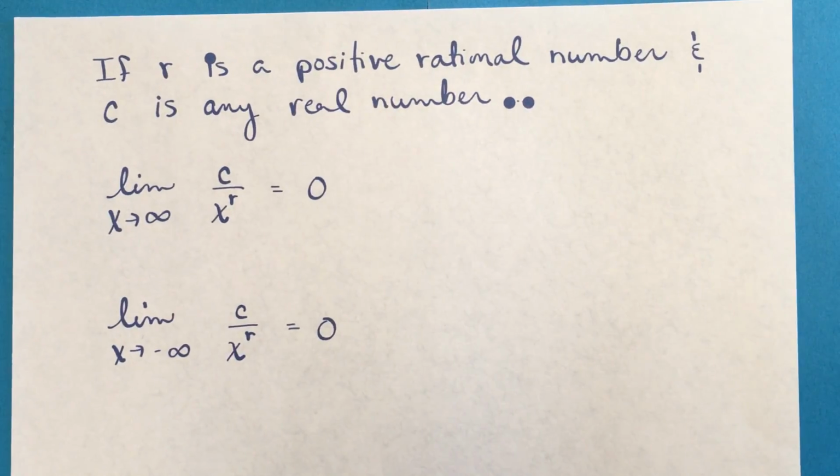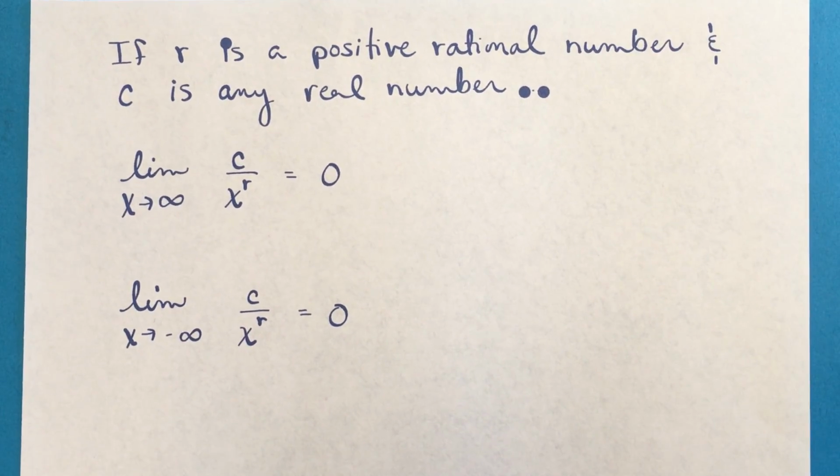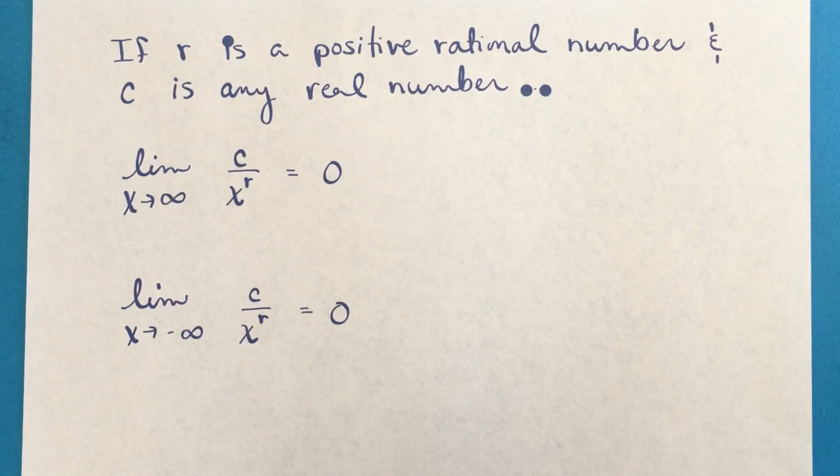All right, here's a couple of properties that just make things a little bit easier for us. You've got a couple of restrictions here as far as what some of the values should be. With these properties, R is only going to represent a positive rational number, and C will be any real number.